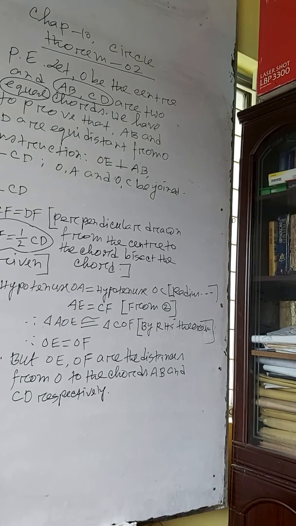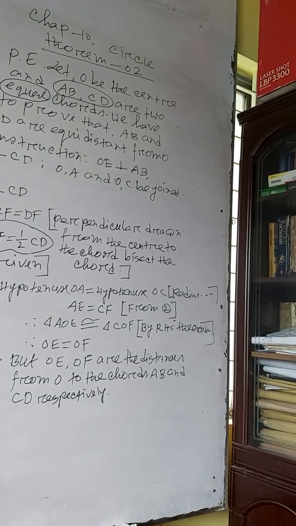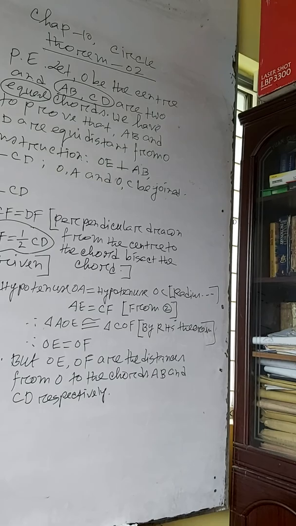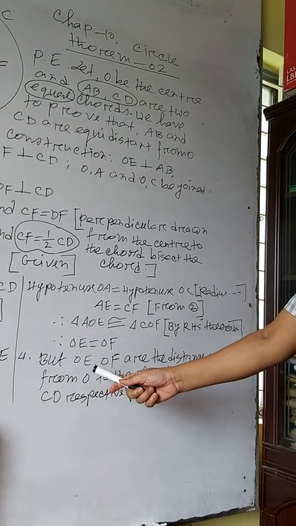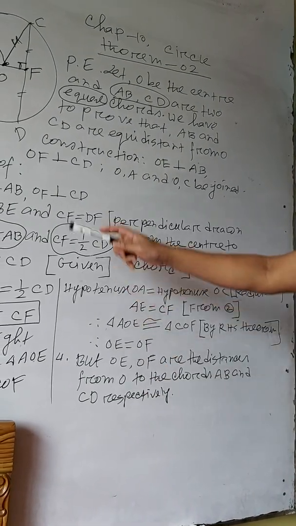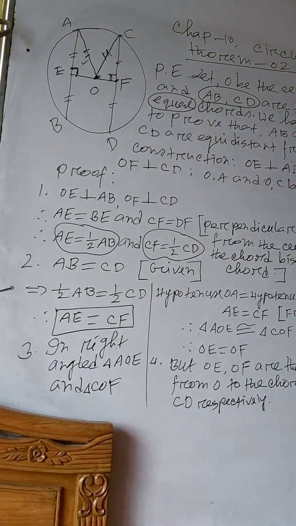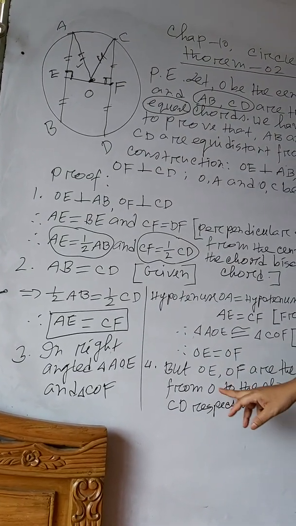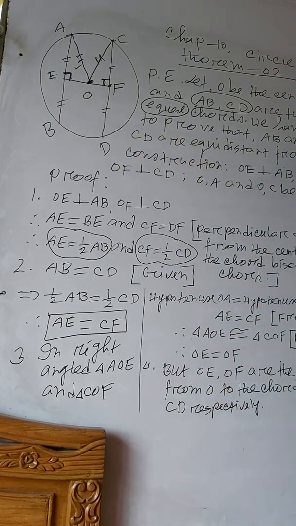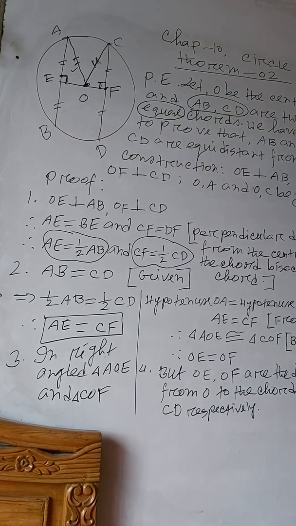From the above figure, it is seen that OE and OF are the distances from the center O to the chords AB and CD respectively.